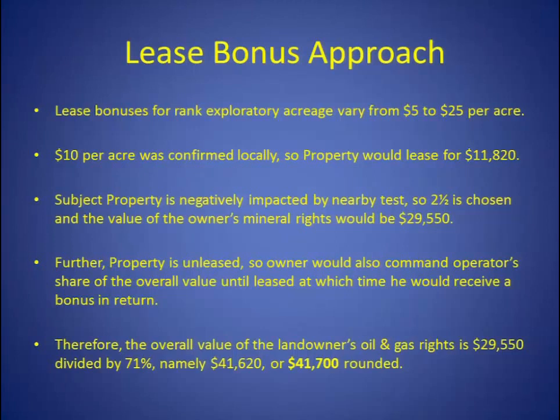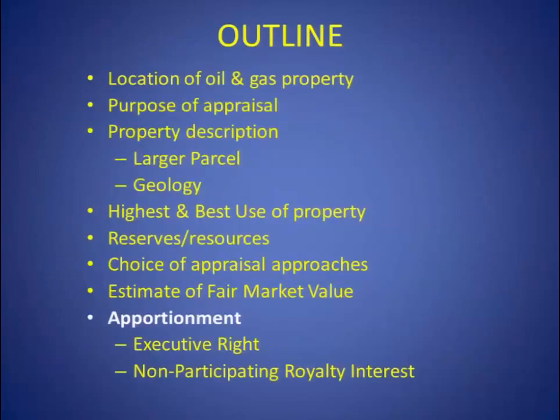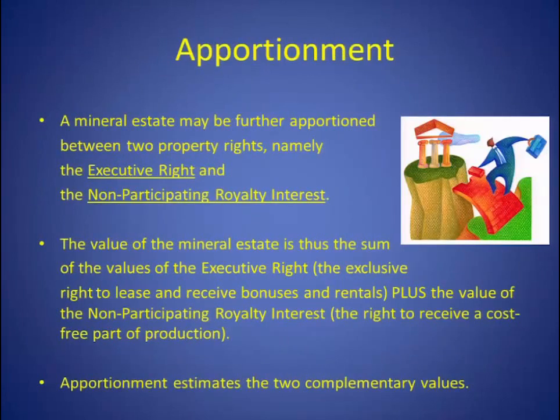If we divide that 0.71 into this, we come up to a fair market value for the mineral rights owners of the whole thing at about $41,700. The apportionment itself is between the executive rights and the non-participating royalty interest, and the sum of these two is the overall fair market value.